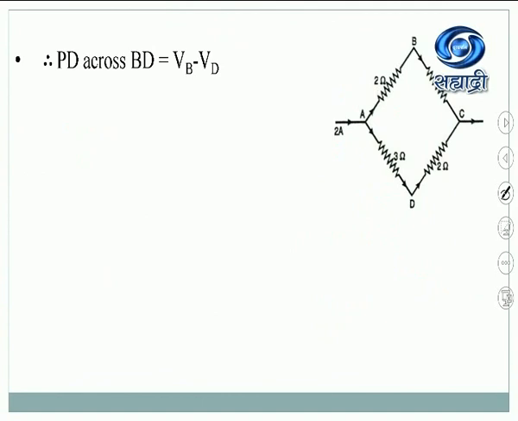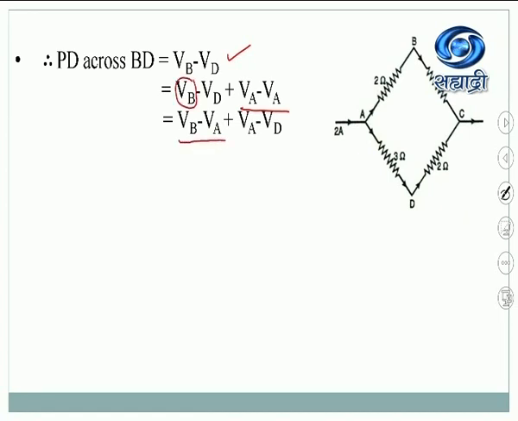Now, the potential difference across BD is what we have to calculate. So the potential drop across BD must be equal to VB minus VD. Here we have added and subtracted VA, so VB minus VD plus VA minus VA. It will not change the value. Now let us rearrange the terms: VB minus VA, and then VA minus VD.